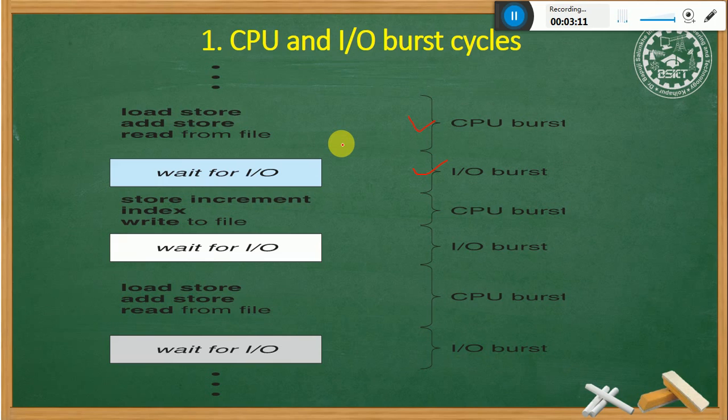We already know that. Suppose P1 is a process whose initial part is CPU bound, and after a specific period of time P1 requires IO.